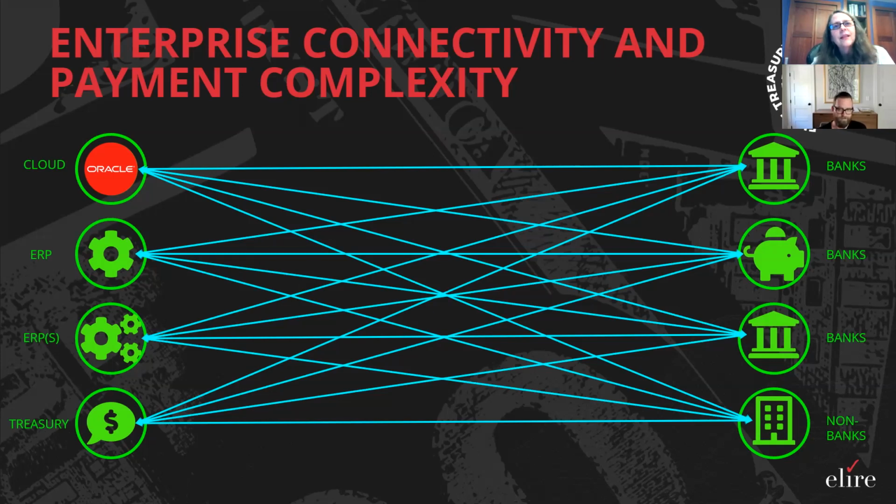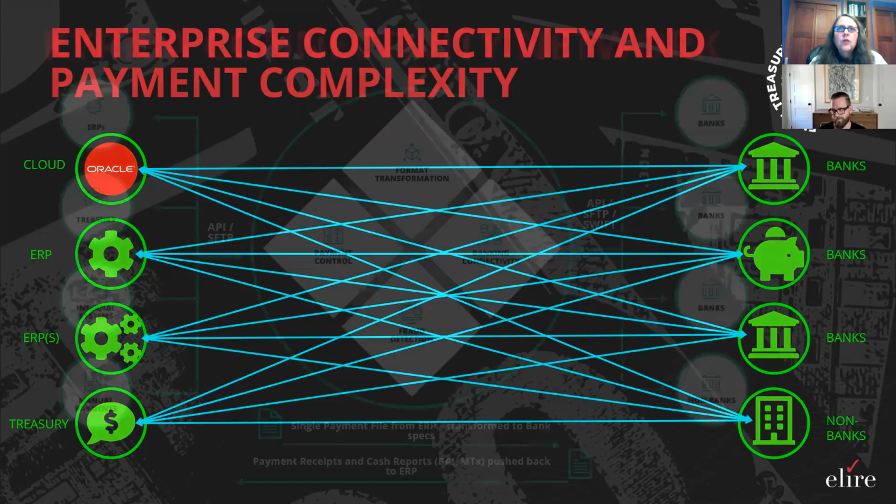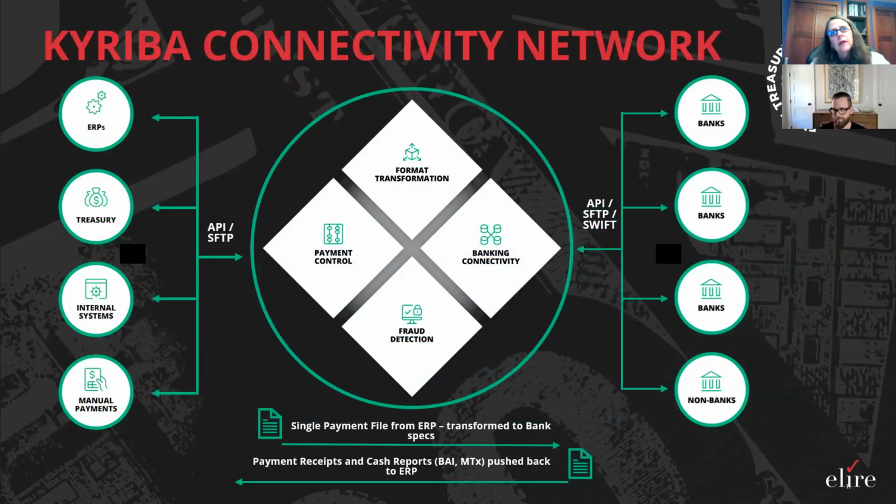The color scheme makes me a little sick, but basically we're going from Oracle Cloud to each of the banks or non-banks that you have. If you think about an organization that might be working with 50 different banks, that's a lot of connections that have to be built. When you look at the Kyriba solution, what we do is we insert the hub in the middle of the process.